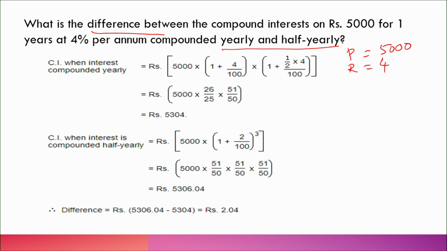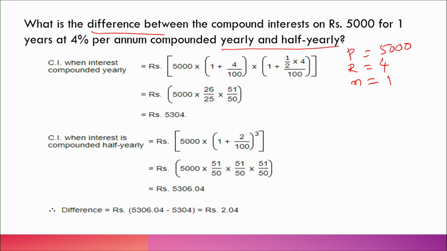And n is how much? For 1 year, compounded yearly, n is equal to 1, am I correct?